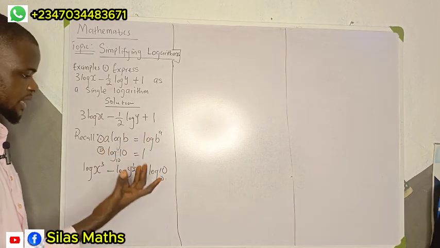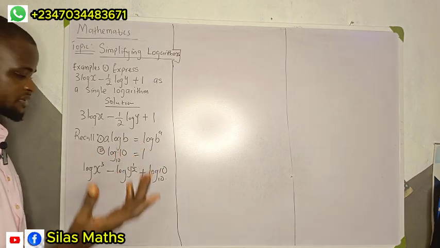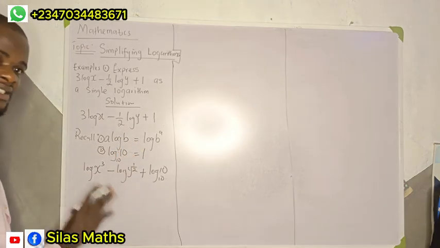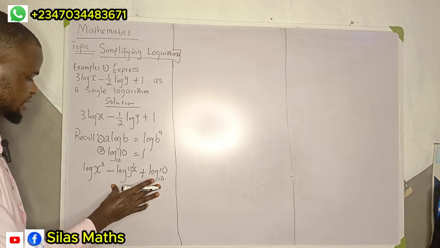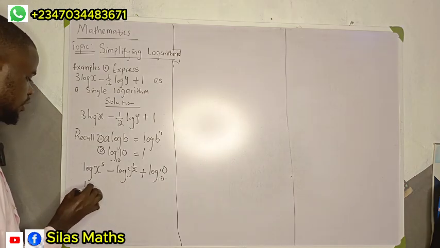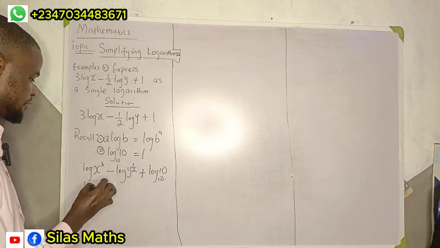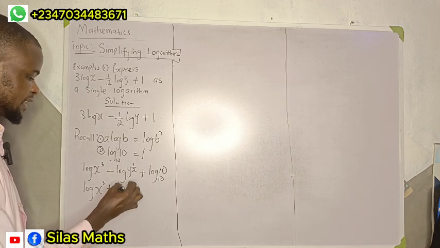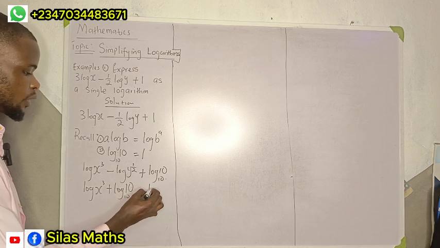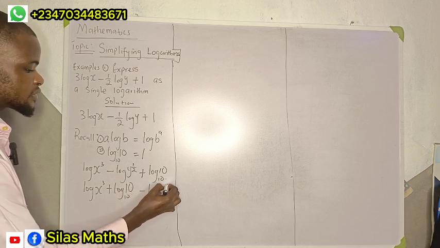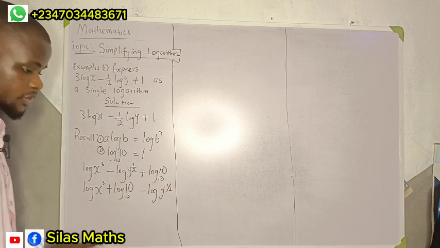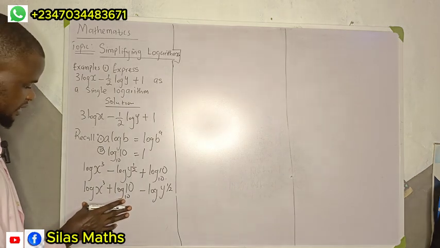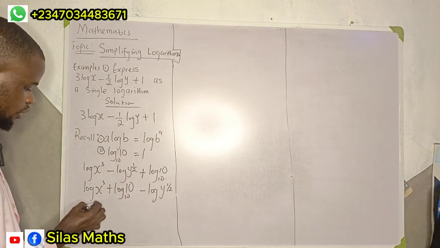Following the rule of BODMAS, we can actually add first before we divide, isn't it? So let's rearrange this log. This is log x to the power of 3 plus log of 10 base 10 minus log of y raised to power 1 over 2. So adding first, this simply means that we're going to have log.